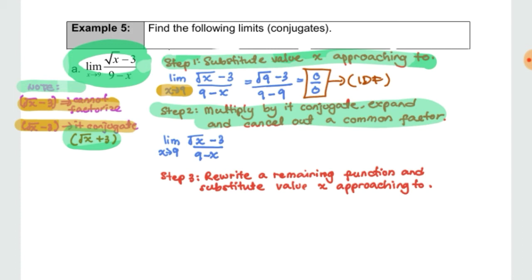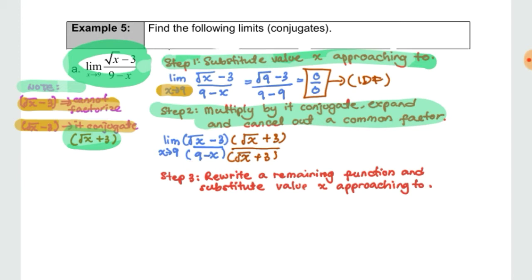So for the function limit here, we already know the conjugate for square root x minus 3 is square root x plus 3. So we must multiply the function by its conjugate, square root x plus 3 over square root x plus 3.